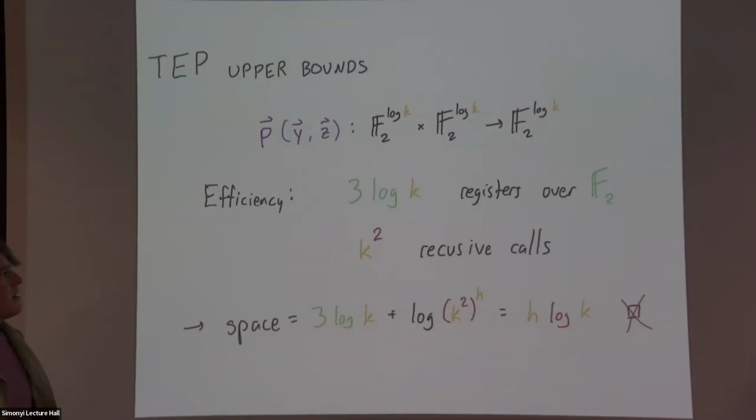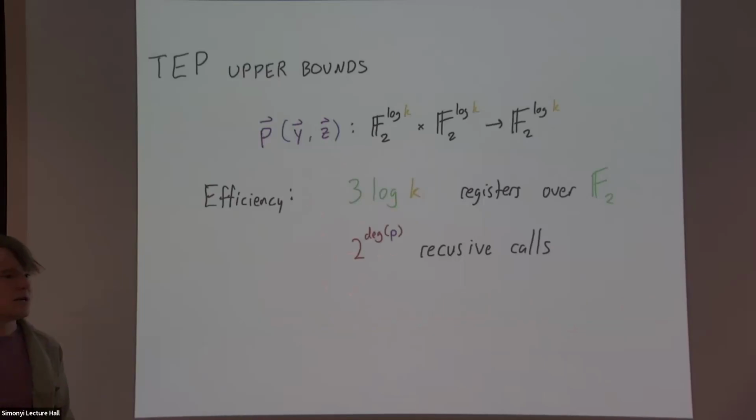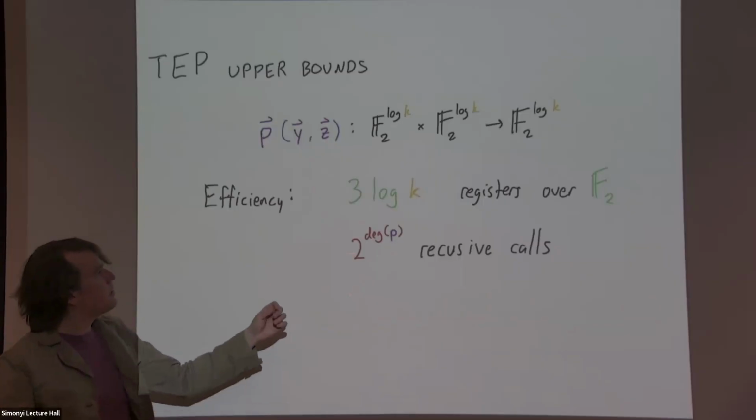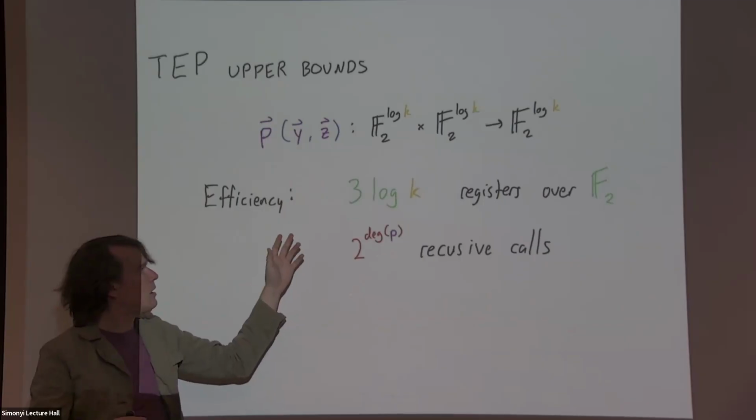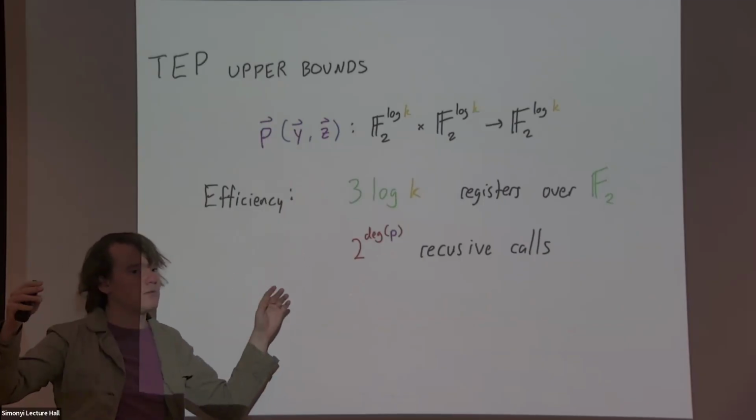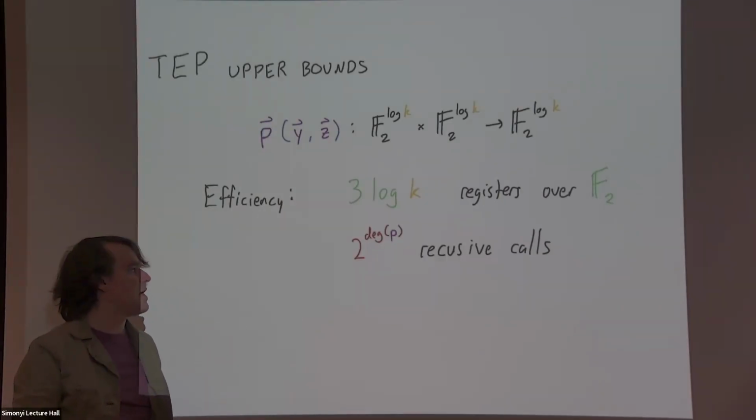The important thing about doing this trick was that the number of recursive calls, I said it was like the number of monomials. What it really is, it's exponential in the degree of these polynomials. So it's a slightly sharper trade-off, and that is actually enough because what we do in the paper is we do some encoding tricks to store values in k into a larger space where the polynomials representing them then have lower degree.